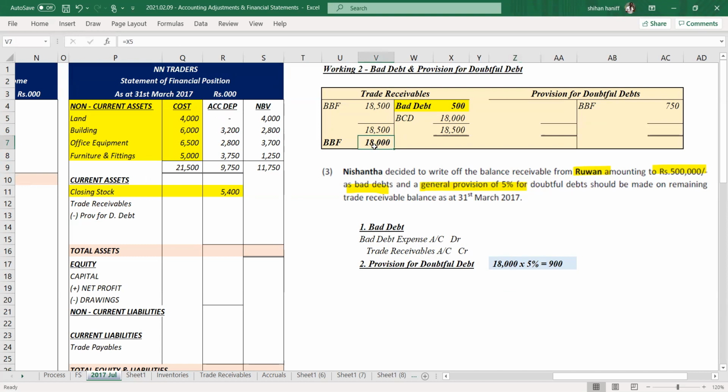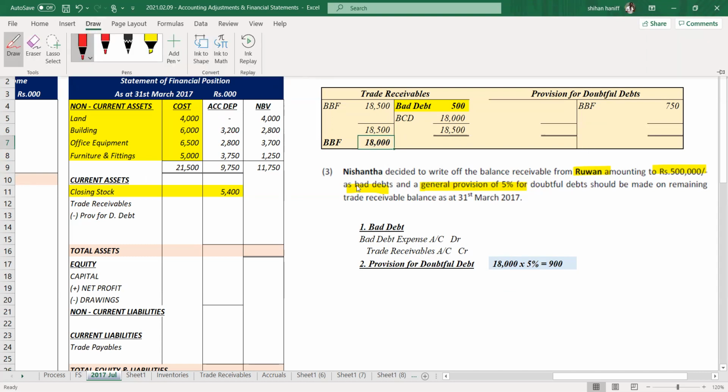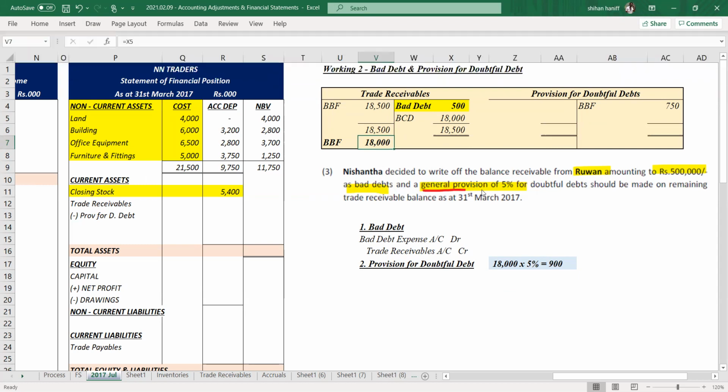It says, I'll repeat again, a general provision of 5% for doubtful debt should be made on the remaining trade receivables. Remaining is 18,000. From this, 5%.